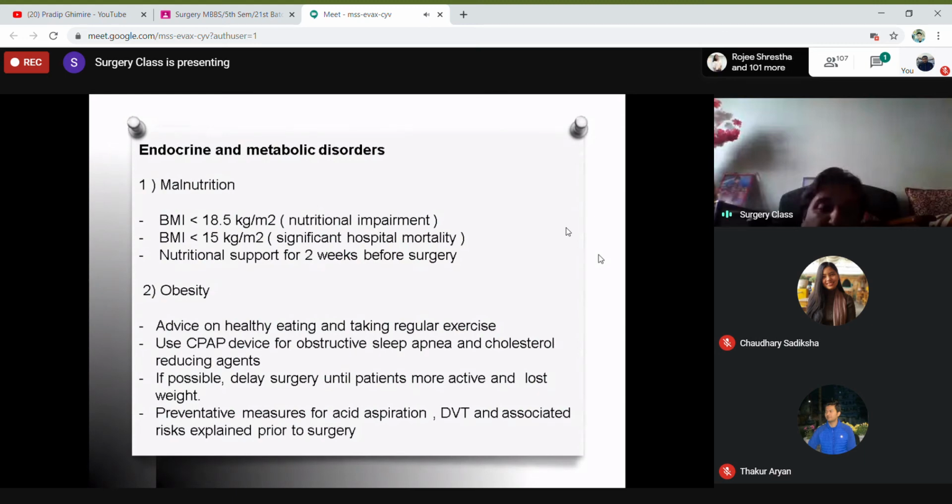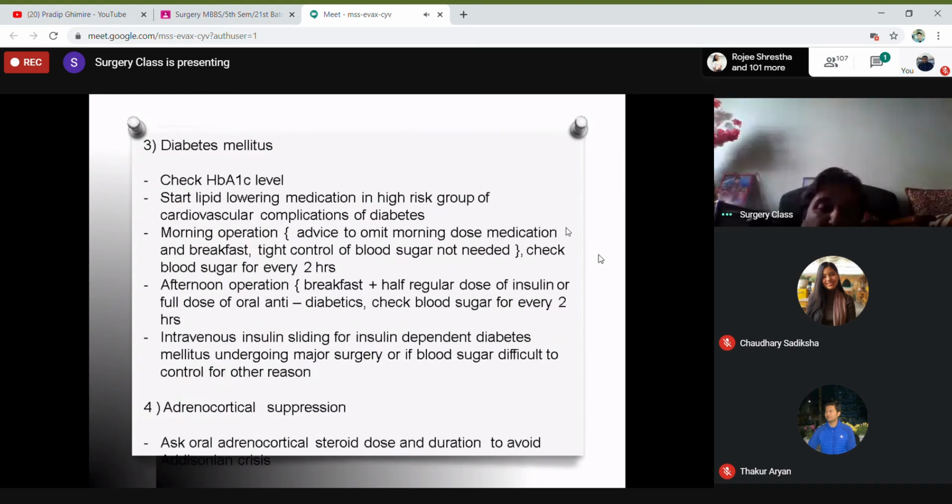So all these things have to be taken care of. Diabetes. See, this is the most common problem we encounter in pre-operative patients, where the diabetes can be insulin dependent or non-insulin dependent, which has to be monitored.